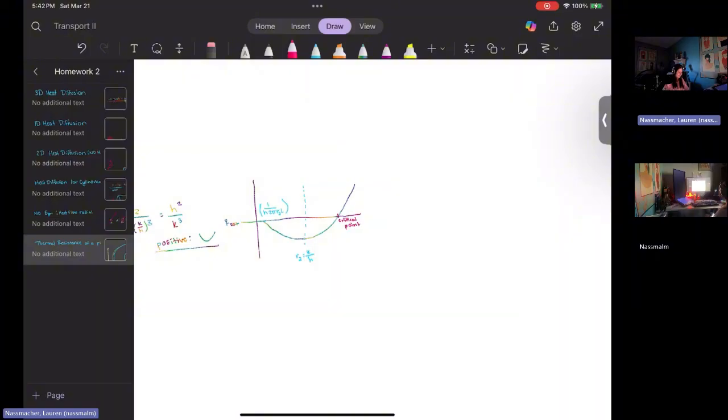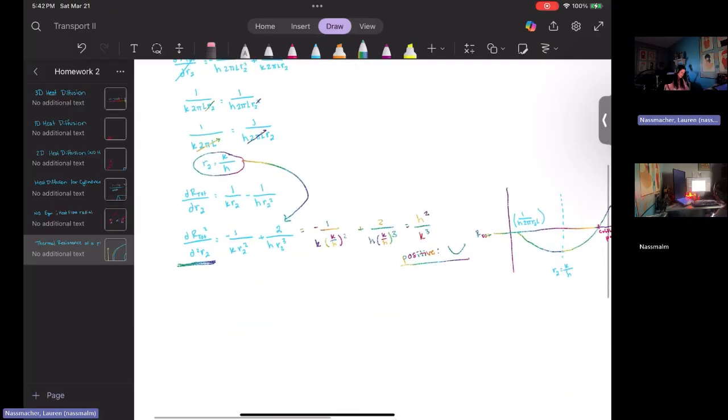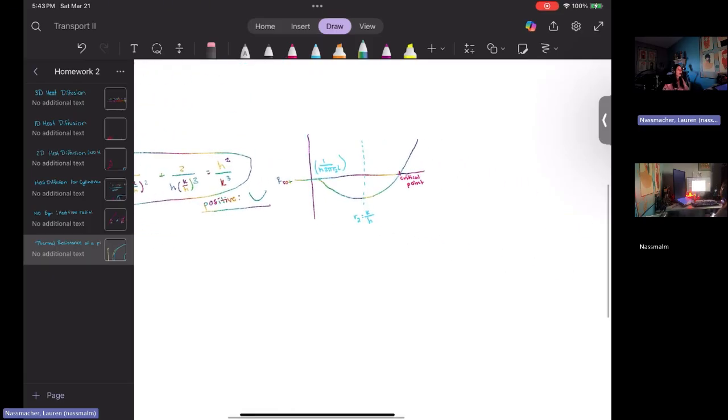So now we have discovered the total thermal resistance for a pipe with insulation, determined the second derivative for that total resistance with respect to R2, and then determined why there is a minimum number for R2, right?